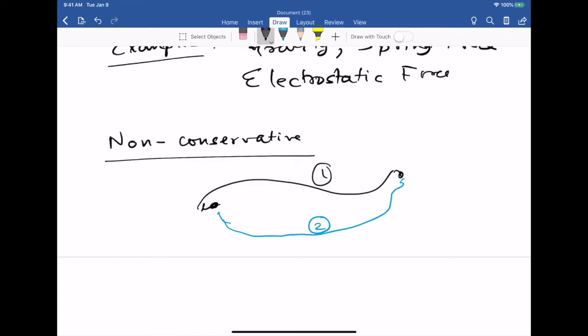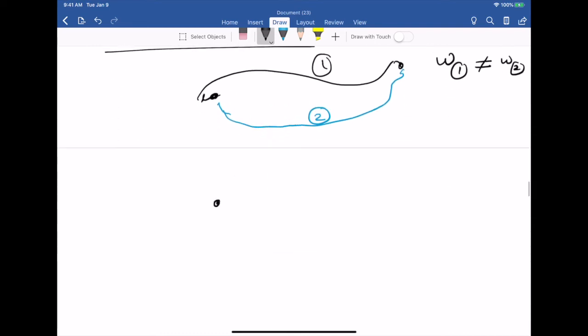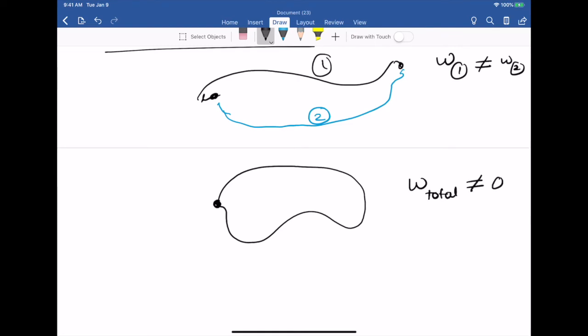So work done along path 1 is not the same as the work done along path 2, and so on. So that's a non-conservative force. Also, for a non-conservative force, if you start at a certain point and then you do a closed loop, come back to that point, the total amount of work done is not going to be equal to 0, right? So just the opposite of the definition of a conservative force.